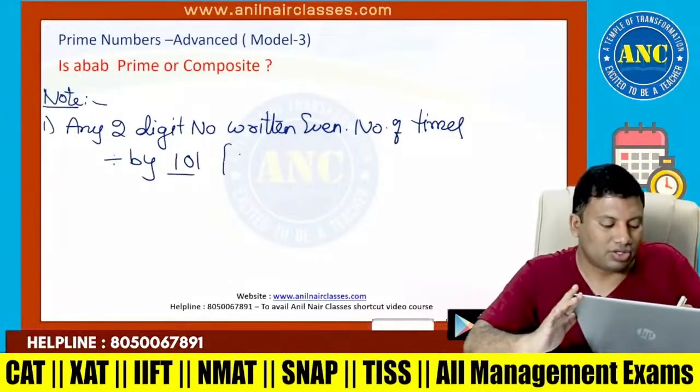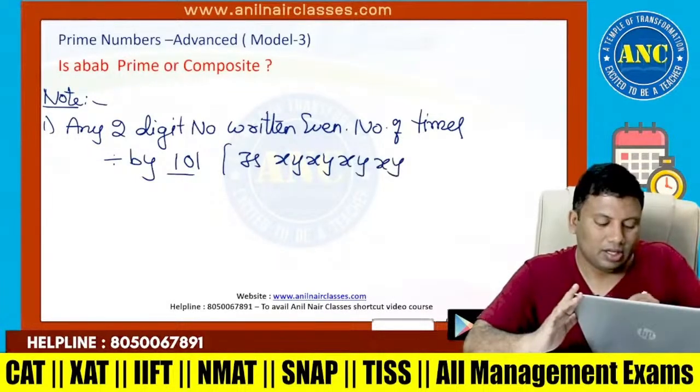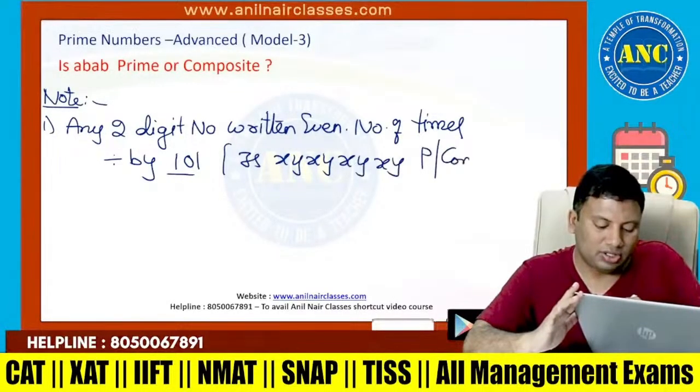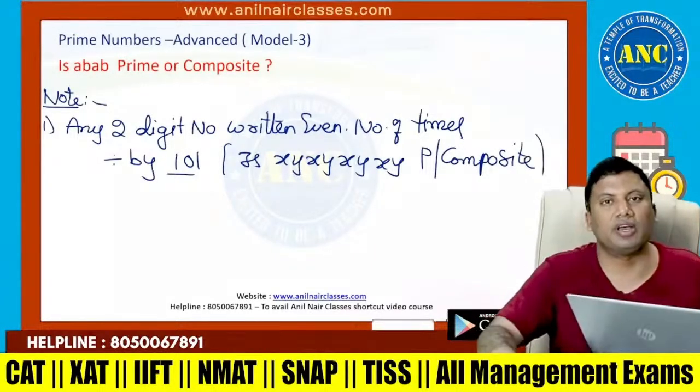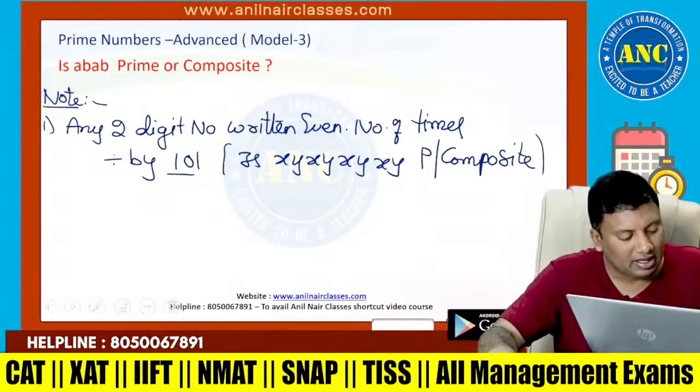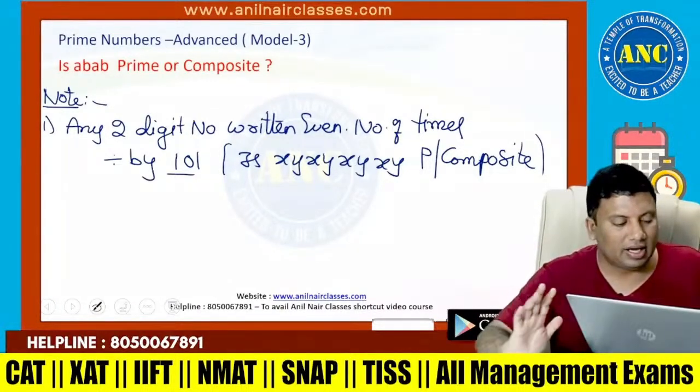So if the question is xy, prime or composite, you can use this logic. xy, a 2-digit number written even number of times, is always divisible by 101.